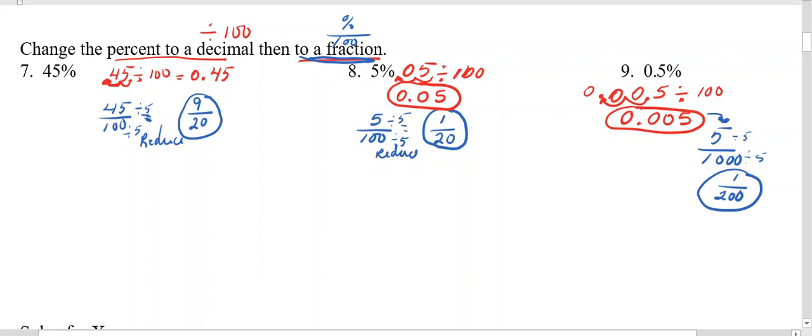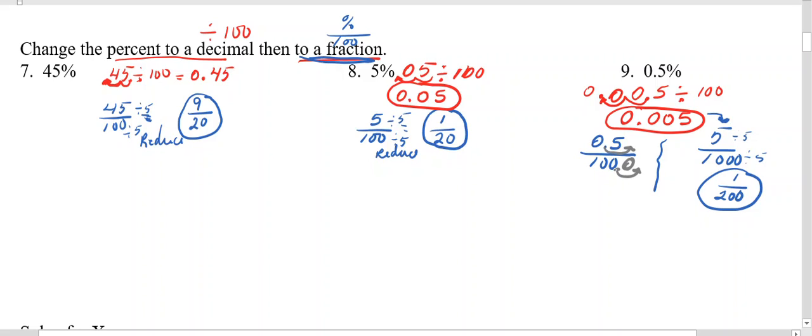If I want to take my 0.5, drop the percent sign, and put it over 100, we don't like decimals in fractions. So that means I need to move my decimal one place on top, which means I'm moving it one place on the bottom and adding a 0.